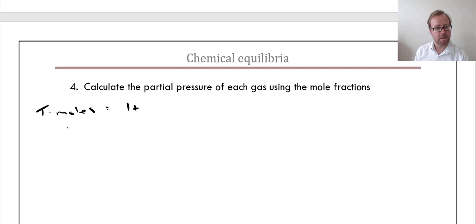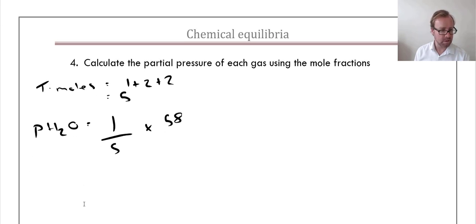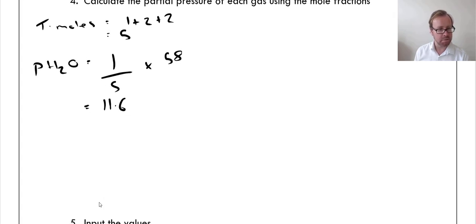I can add these up, so 1 plus 2 plus 2 equals 5, and now I can calculate my partial pressure. So P of H2O is equal to my mole fraction, which will be 1 divided by 5, times by the total pressure, which is 58, which gives me a value of 11.6 kPa.